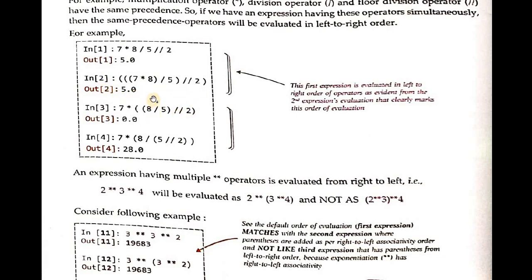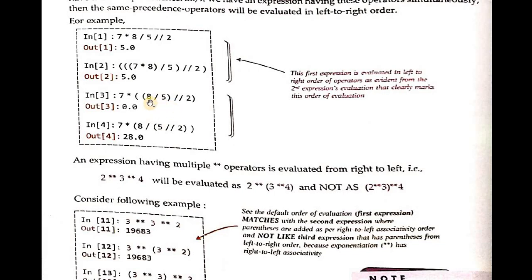So that is 5.0. But when you are placing brackets in an expression, for example here, the bracket is placed around 8 divided by 5. The bracket has the highest priority, so 8 divided by 5 will evaluate first. Then look at the bracket again placed here. The inner bracket will evaluate first, then the outer bracket, and the result will be multiplied by 7.